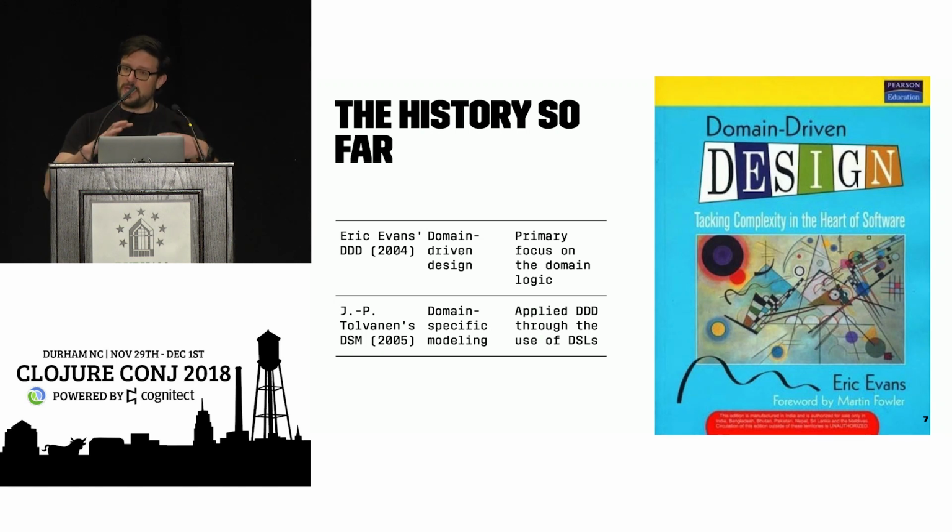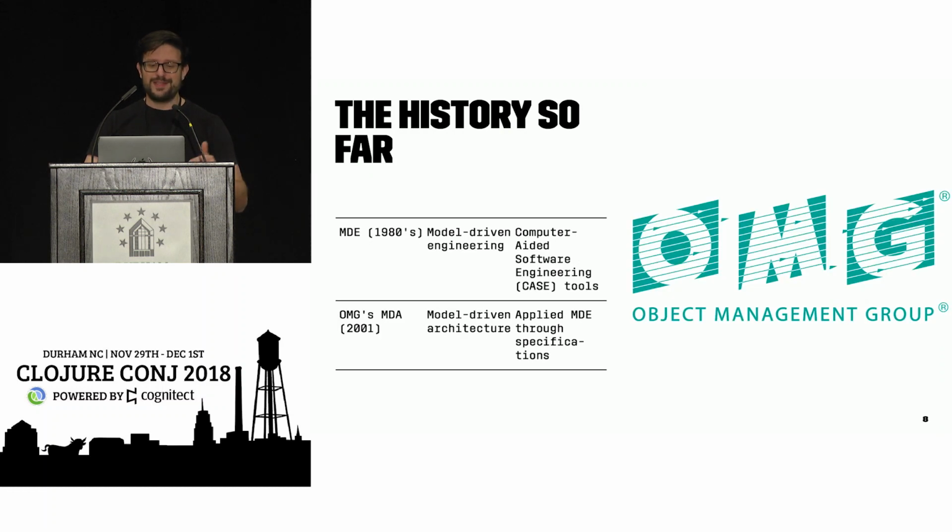He was really looking at the domain modeling and context boundaries and things like this. And there is even an interesting follow-up work by J.P. Tolvanen on how to apply those kinds of principles into DSLs and even generate some code. But this goes even much further back.